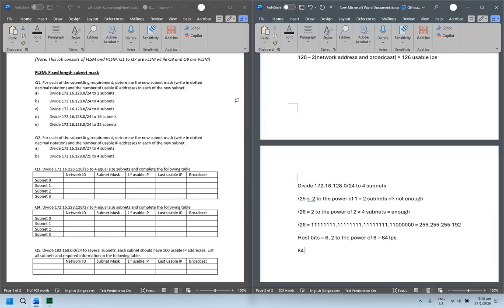So 64 minus 2, to subtract the network address and the broadcast address, which gives me effectively 62 usable IP addresses. So we have done the second one.